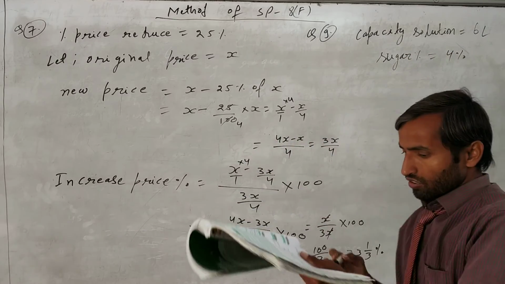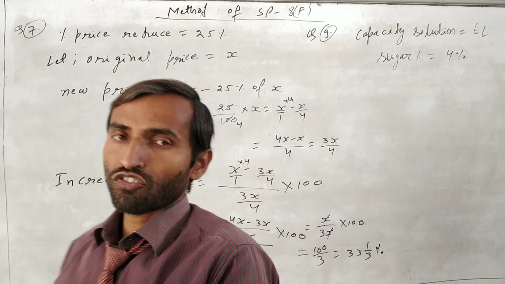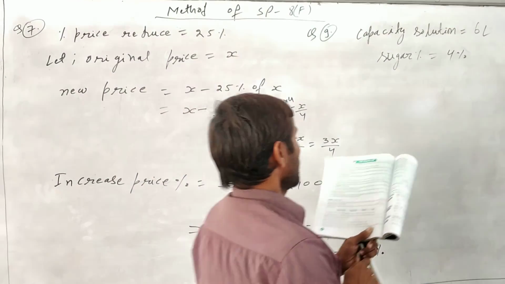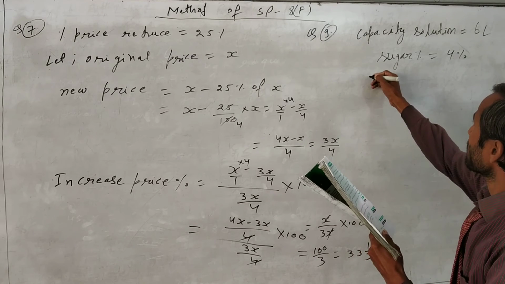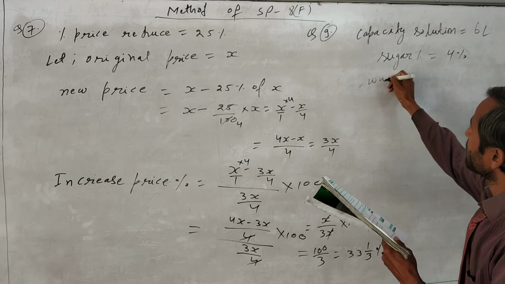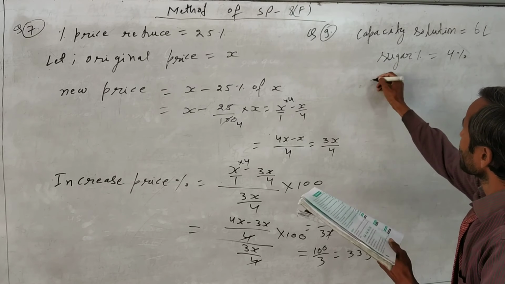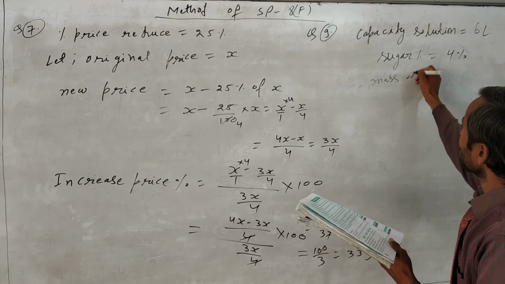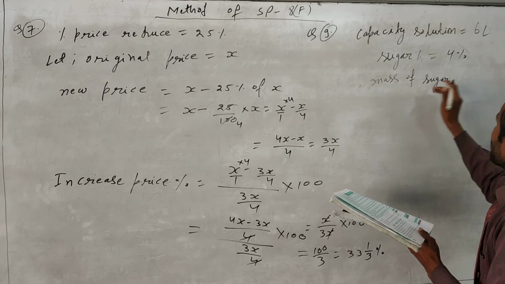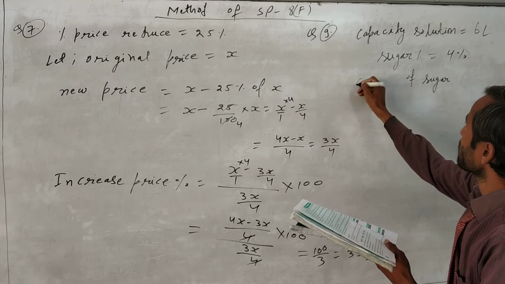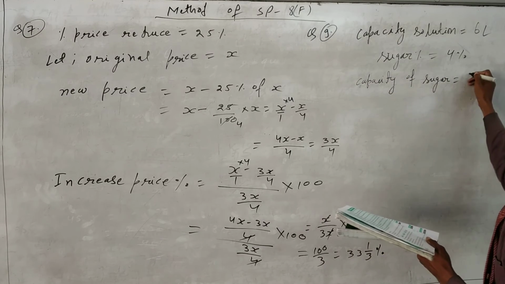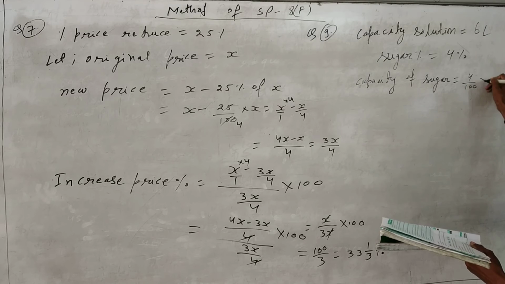So we will find how much sugar is there in 4%. The capacity of sugar is equal to 4 upon 100 into 6.